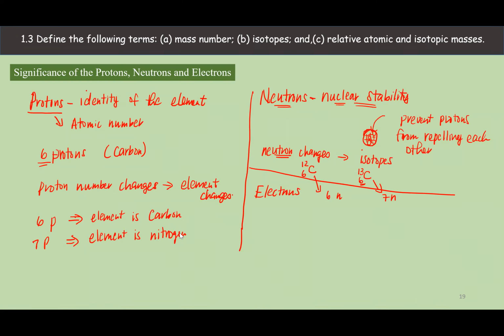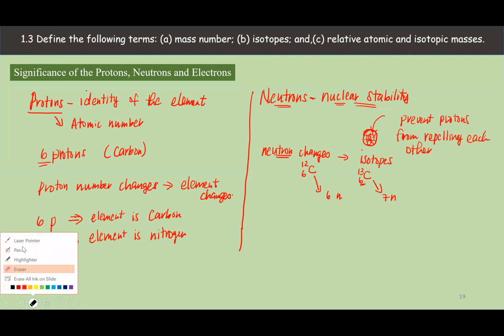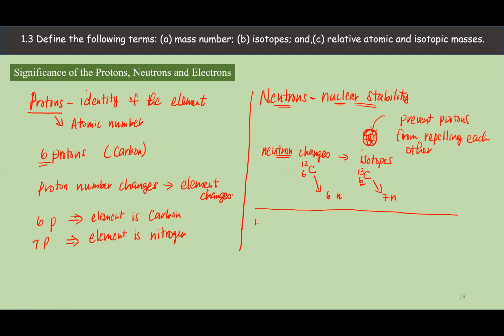All right? Now, for the electrons, what is the importance of the electrons to an atom? Anybody? To determine how the element reacts with another element? That is absolutely correct. Are the electrons important for the bonding?